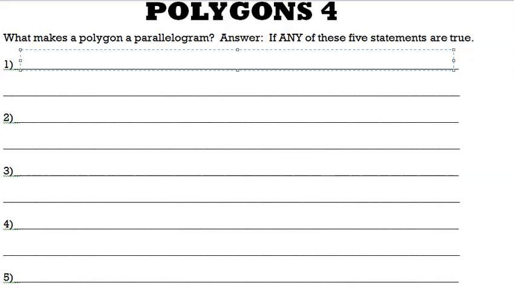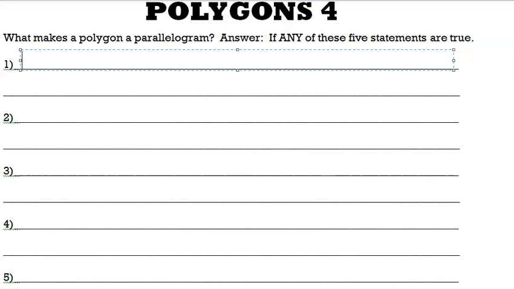We're talking about parallelograms. And the big idea here is you should be able to look at a picture and be able to tell if there is enough evidence to prove that something is a parallelogram or not. So if any of the 5 statements that we are about to do are true, then the polygon that you're looking at is a parallelogram.